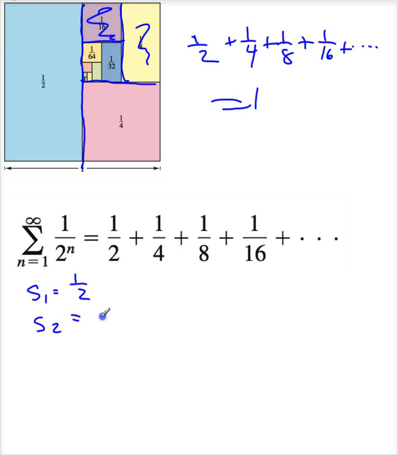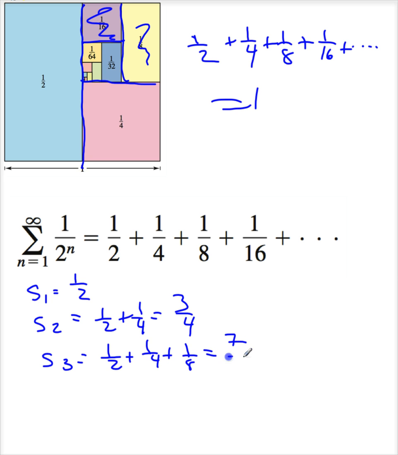S2 is 1/2 plus 1/4, and so that's 3/4. S3 is 1/2 plus 1/4 plus 1/8. All right, and if we get a common denominator, this is 7/8.